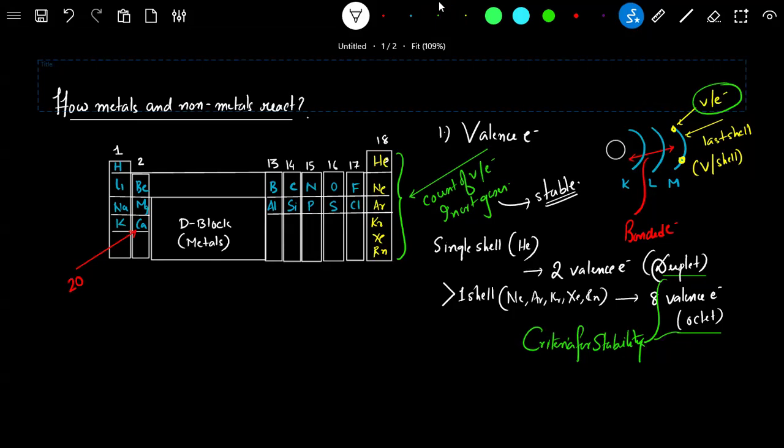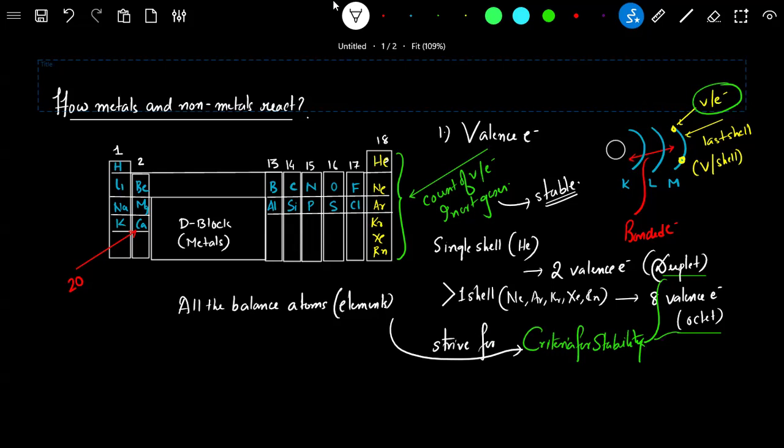Right. So all the valence atoms, when we say all the valence elements, they race for this criteria, they strive for it, meaning they all want to have 8 electrons, right?